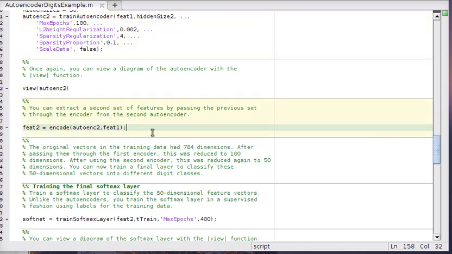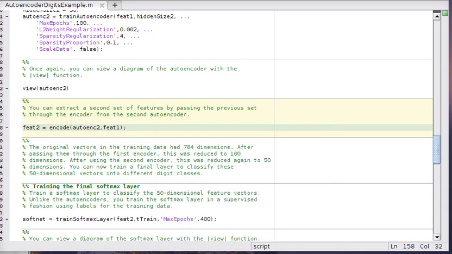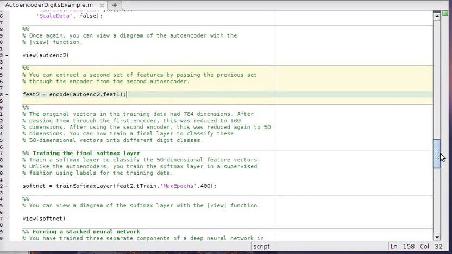We're going to extract these features from this network. So we're going to evaluate that. So this is now giving us a bunch of data in our 50, right? Our last extraction gave us data in our 100.